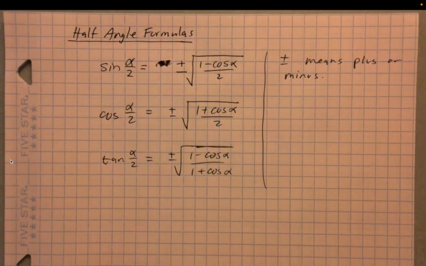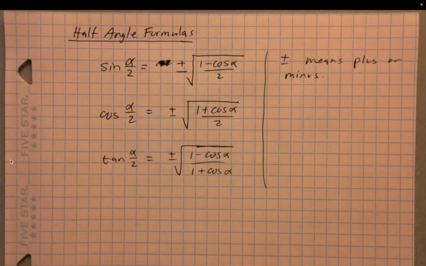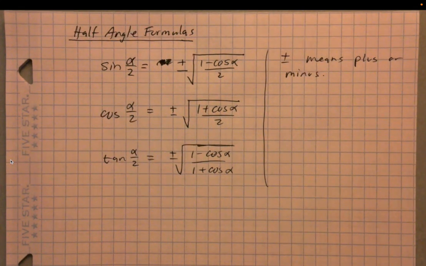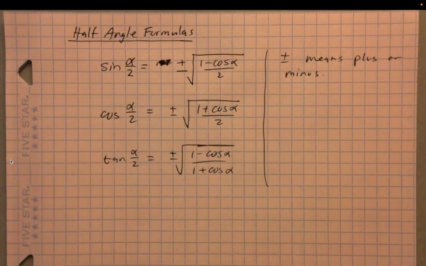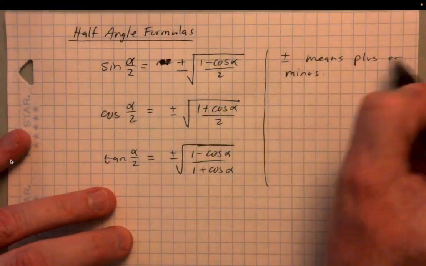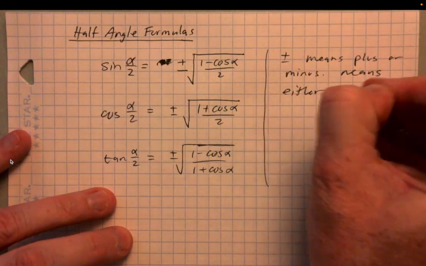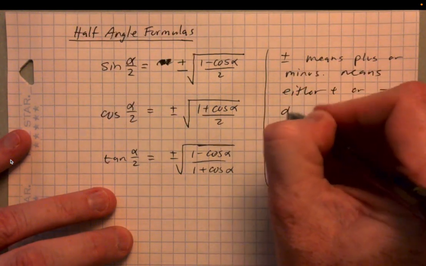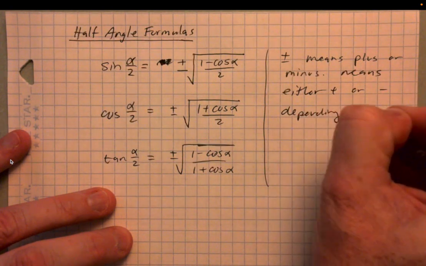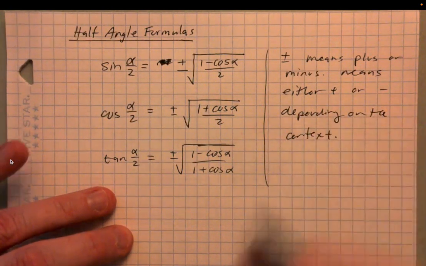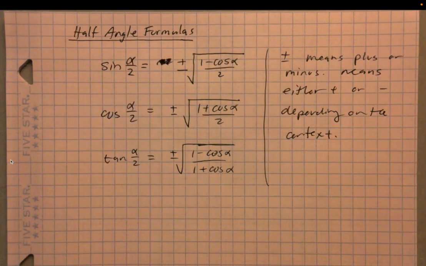So frequently when we come across this and we're solving equations, the interpretation is that both will work, positive or negative. But in trigonometry, that's rarely the case. Instead, it's one or the other depending on the context. So the plus or minus means either plus or minus depending on the context. Right, so the context will matter here.